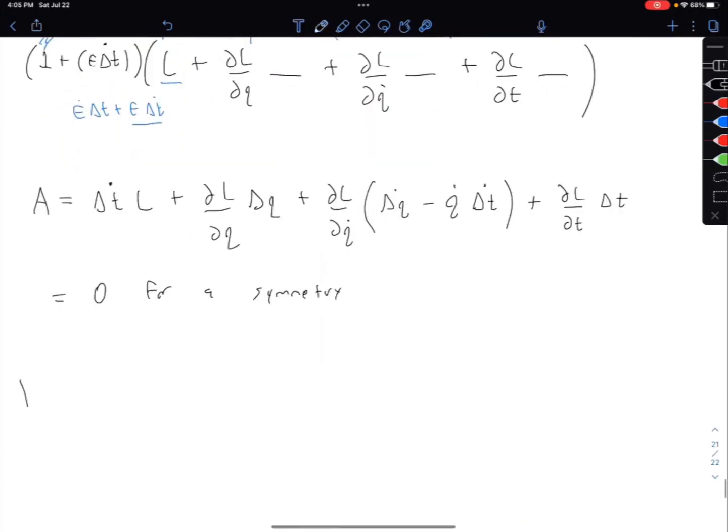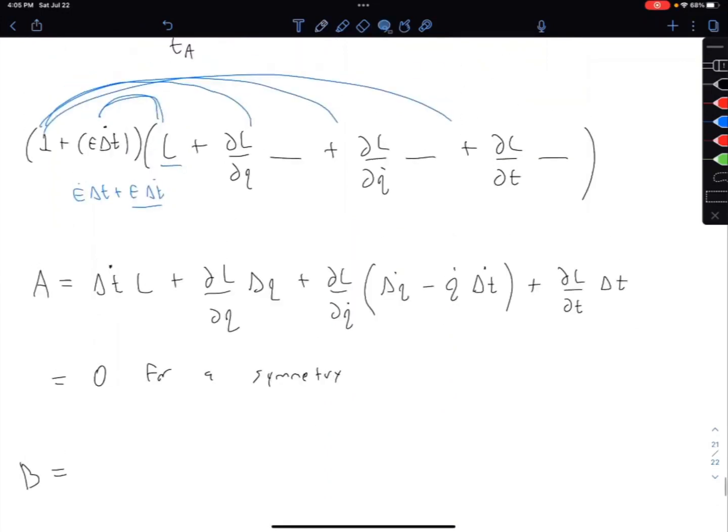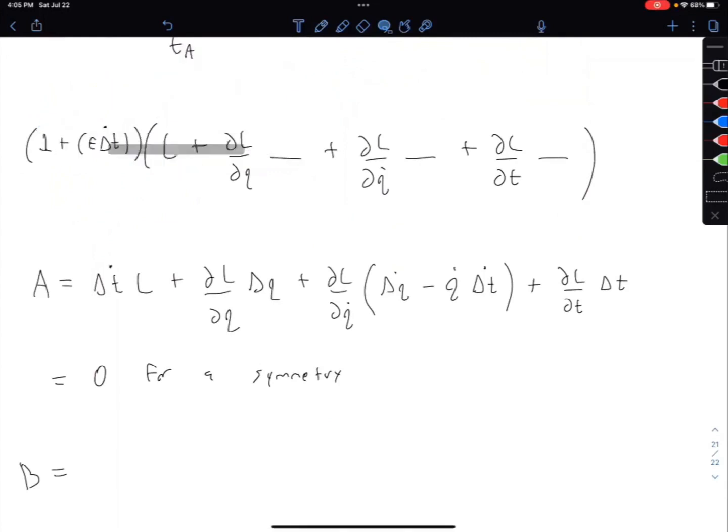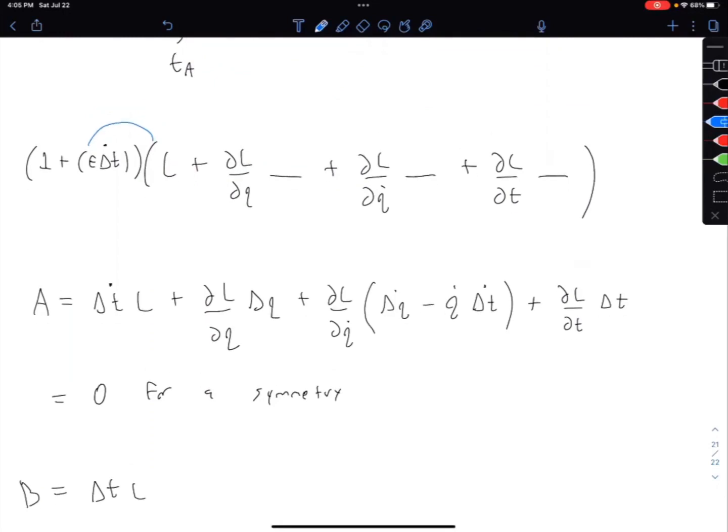Okay, so what about B? I'm going to have this term, which will be delta t times L. And then I will have this term.